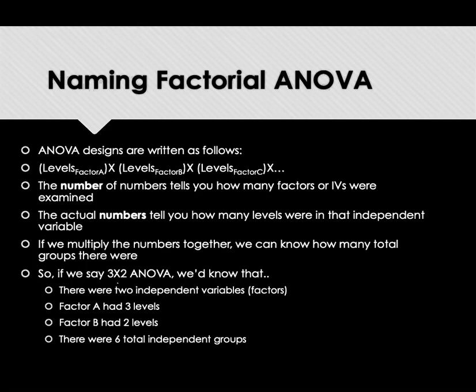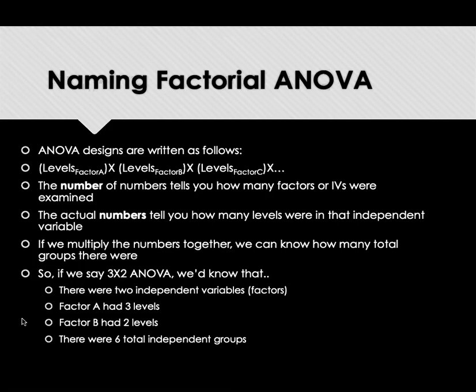And so this goes to this point here. The actual numbers tell you how many levels were in the independent variable. So this number tells you how many levels of the one independent variable, and the 2 tells you how many levels of the other independent variable.